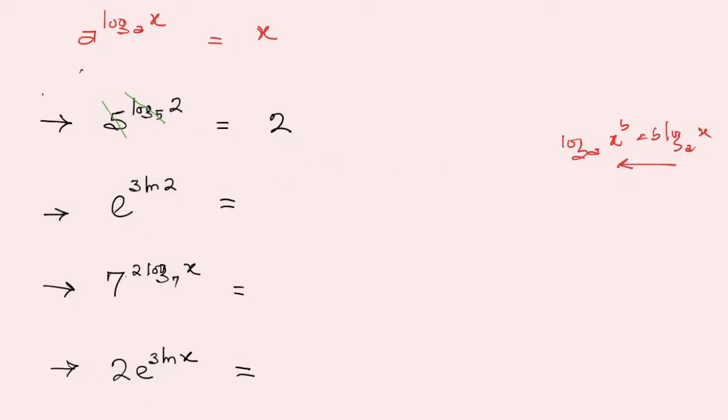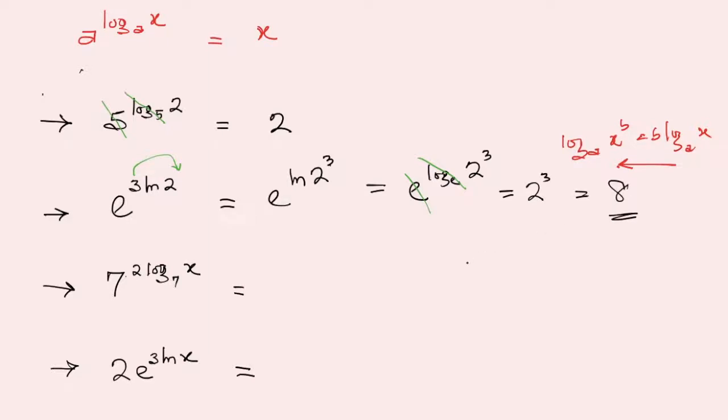We'll move 3 up here, and what we'll have is e to the power ln 2 raised to power 3. Now don't forget that ln is simply log to the base e, so e raised to log to the base e of 2 raised to power 3. And from what we've seen, this can cancel out to give us 2 raised to power 3, and that is 8. That's it.